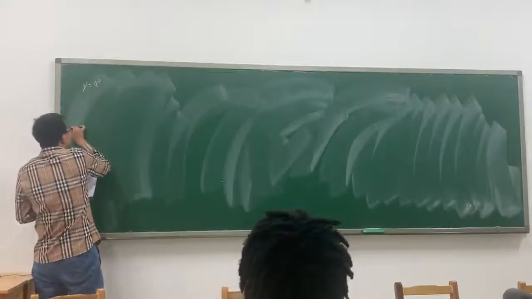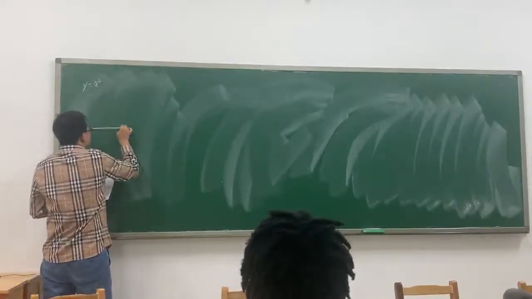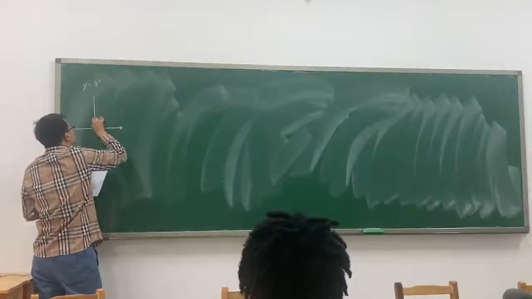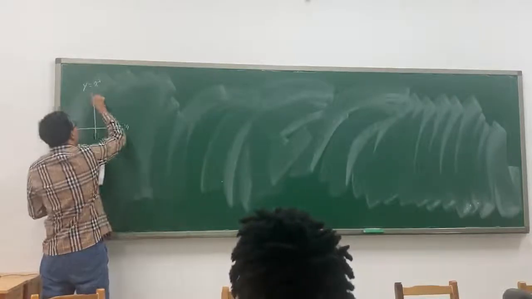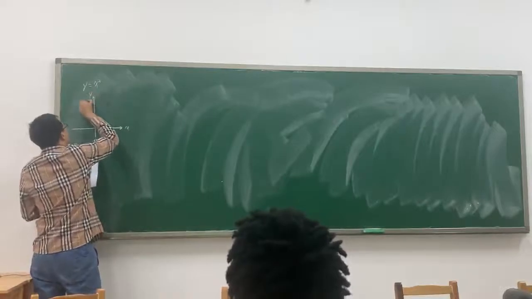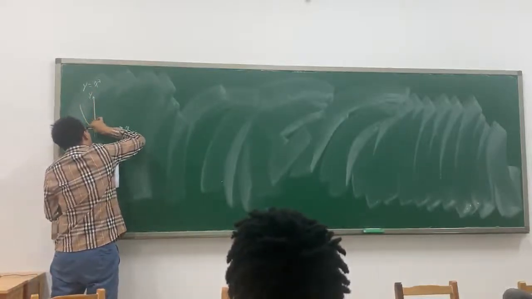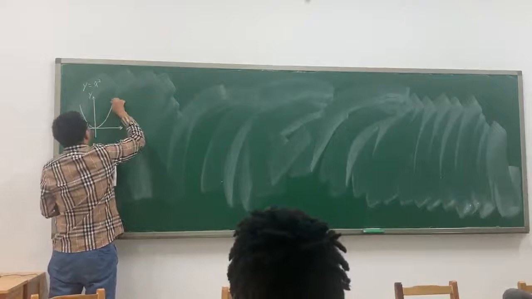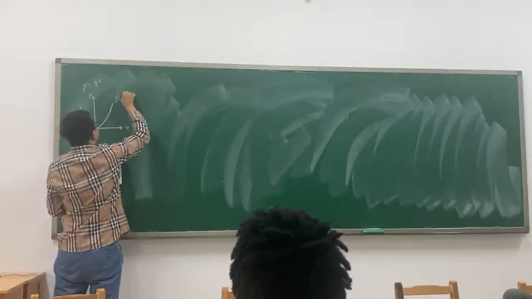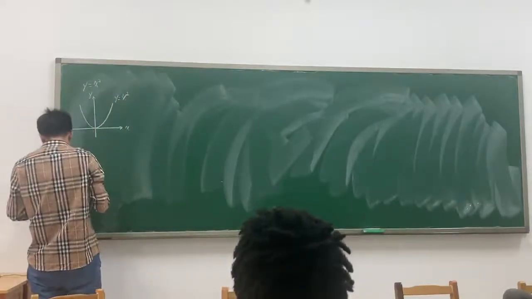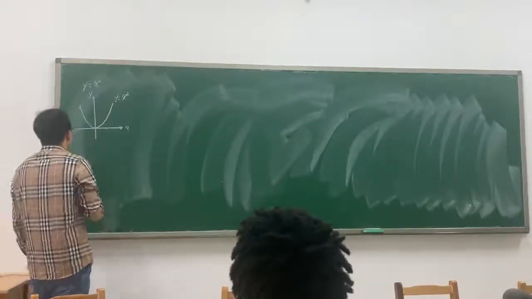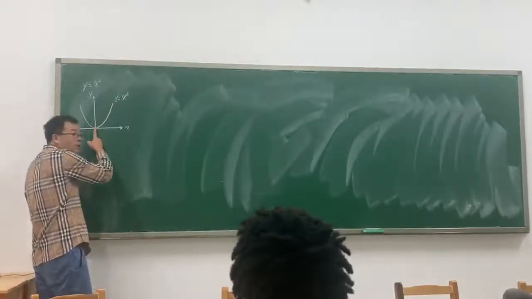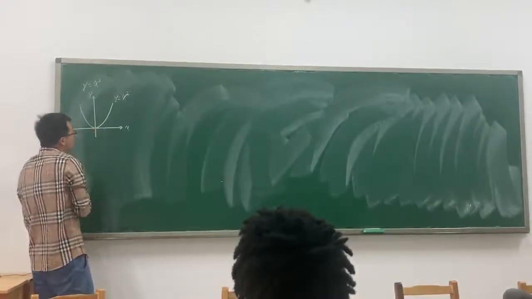The graph of the function is like this. Here is y equal to x squared. Now we can see the point 0.